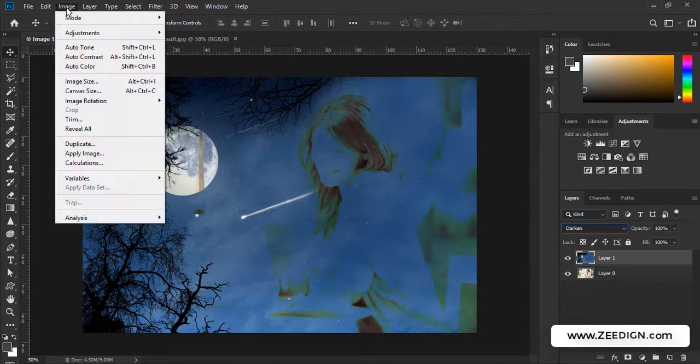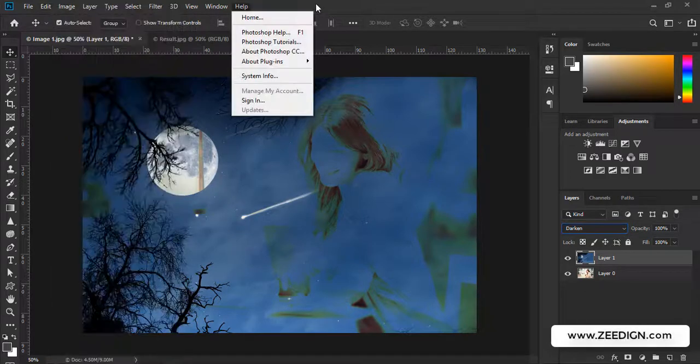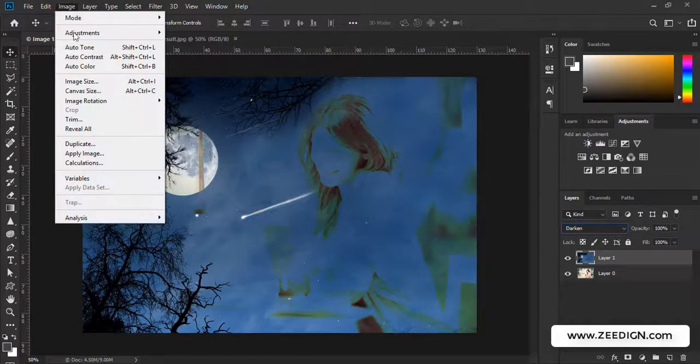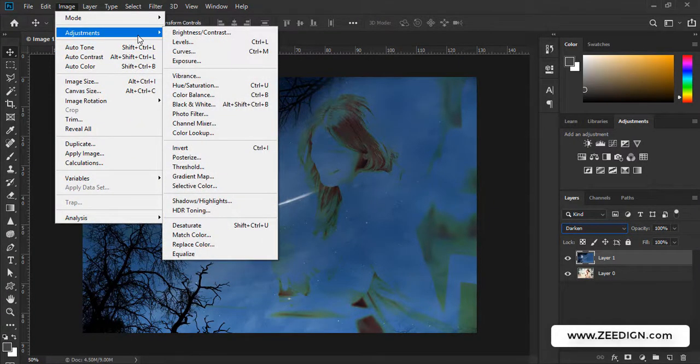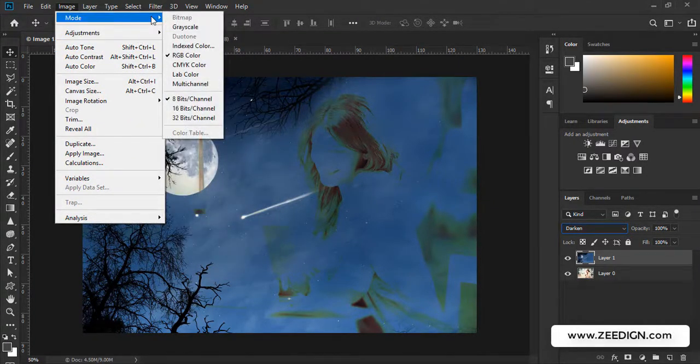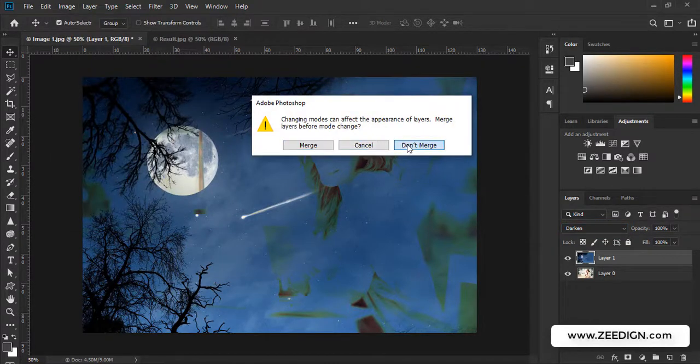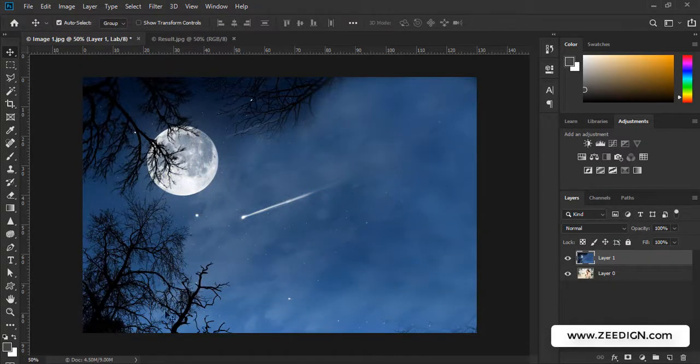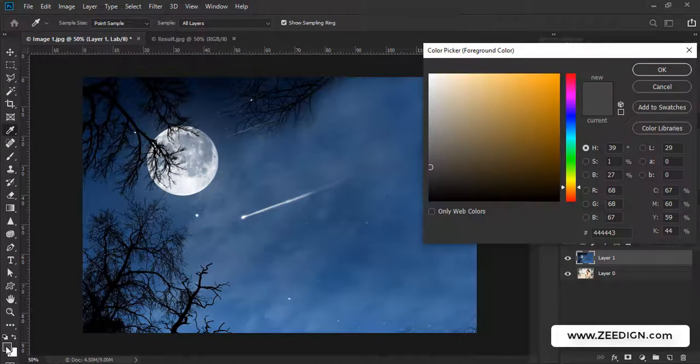And for example, if I go to the image on the top, and here is mode, and here you will see by default is RGB. So if you go to Lab color, then here you will find the value of L, and let me show you. Okay, so if I pick some color, let's say from here, you will notice these values, CMYK values, RGB, HSB, and here you will see LAB.